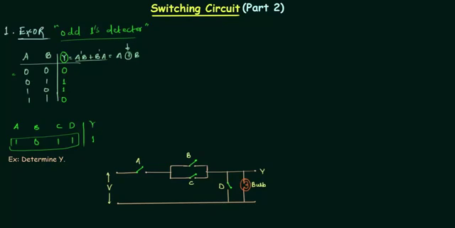Now we will find out the switching circuit for the XOR gate. I will first draw the circuit, then explain it to you.